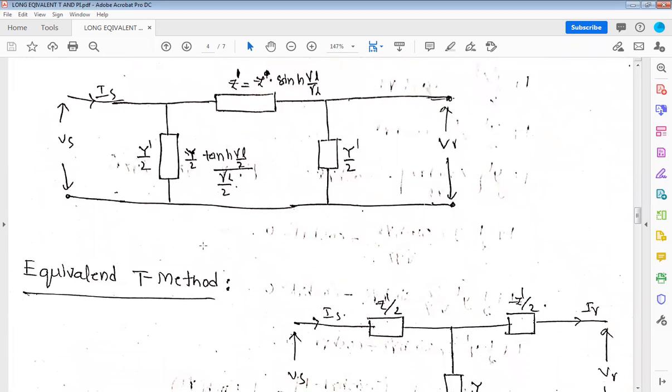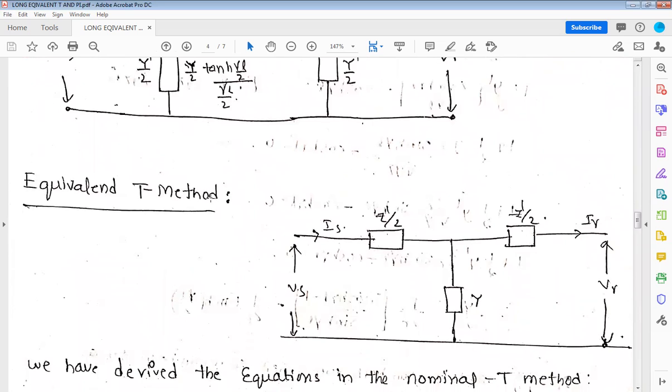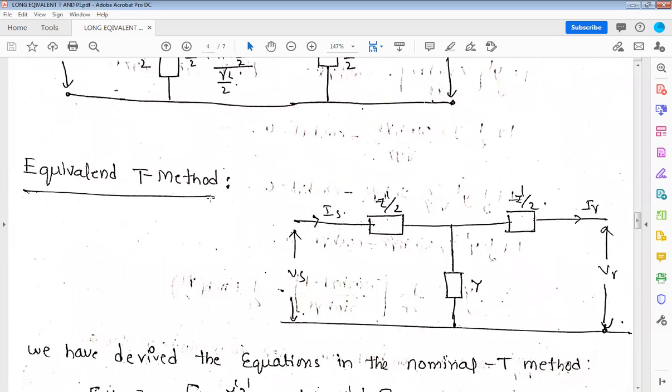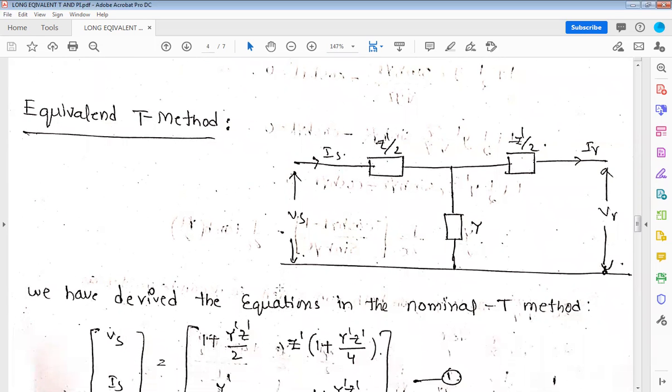And next, the formation of the other equivalent method is nothing but the equivalent T method. The same process will be repeated here also, as we compared the nominal pi method with the long transmission line parameters. In the same way, we are taking the nominal T method equations and comparing them with the long transmission line.